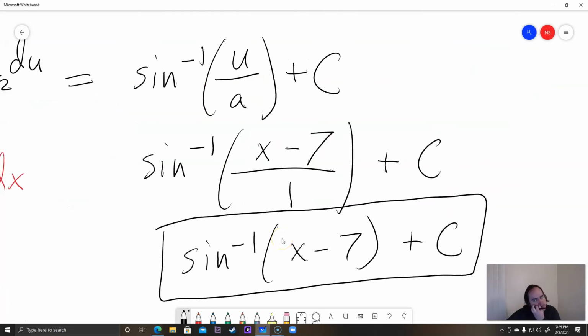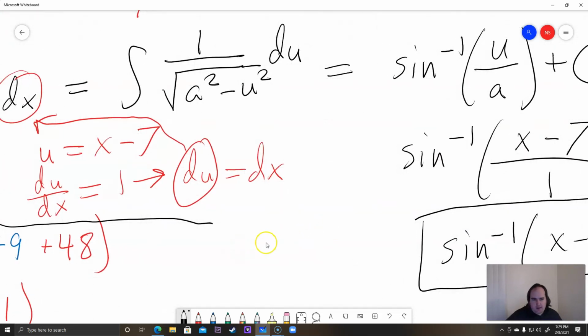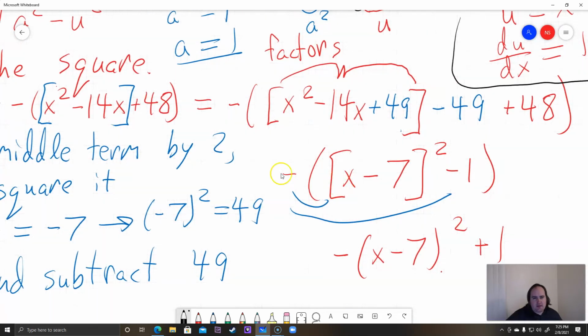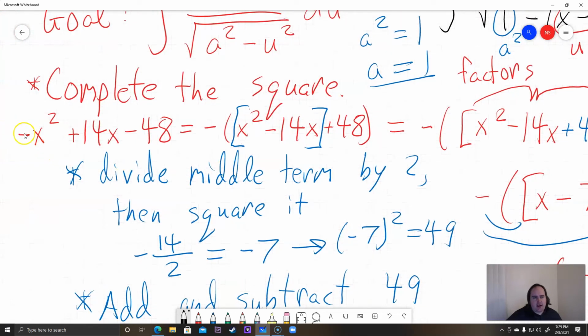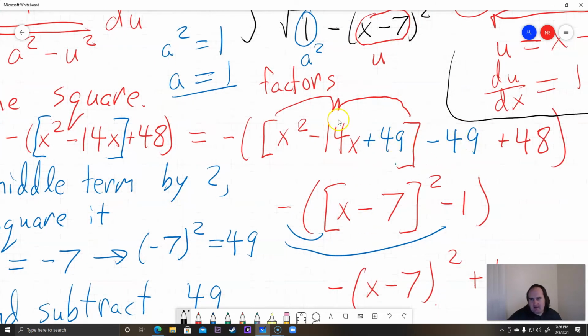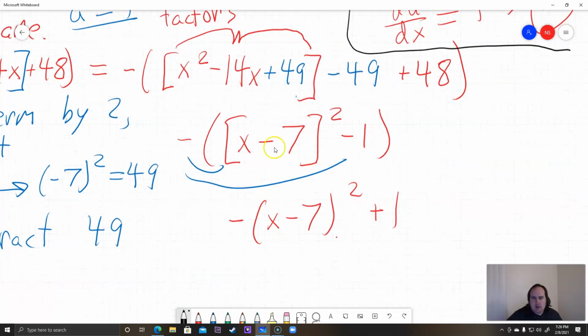I just don't want to do another example since we just did an example of completing the square. But for completing the square, you basically just, if your highest term has a minus, you factor out the minus, and then you take the middle term, divide it by 2, then you square it, you add that and subtract it, and then that makes it so you can factor. And once you can factor, then if you had a minus, you distribute it, but if you didn't have a minus, you don't distribute it.